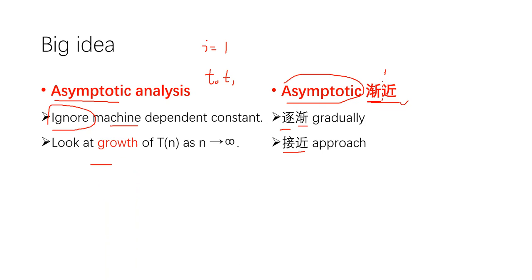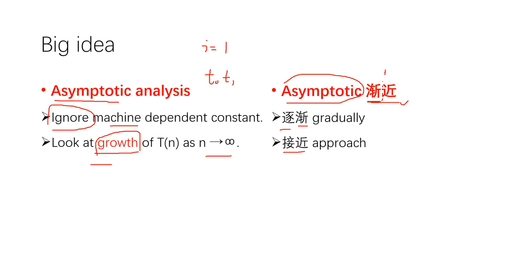Then we look at the growth of Tn as n approaches infinity. That is the big idea for algorithm analysis.